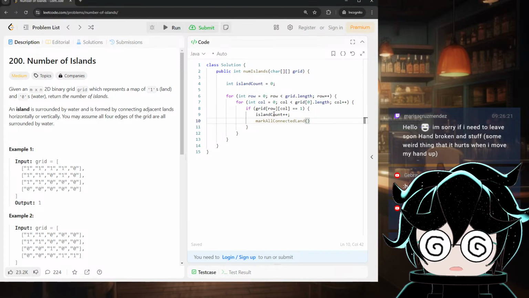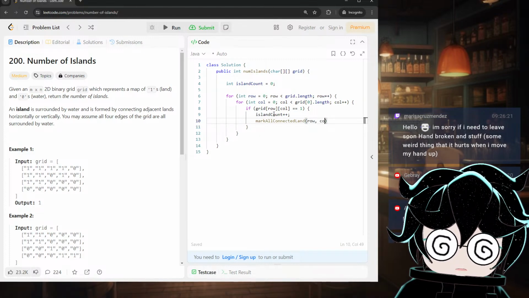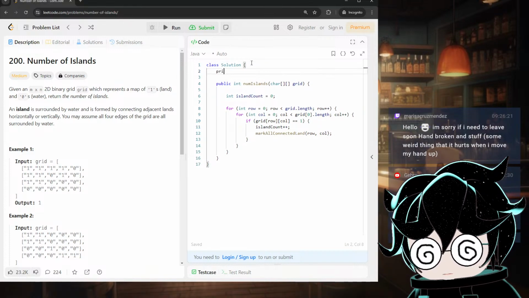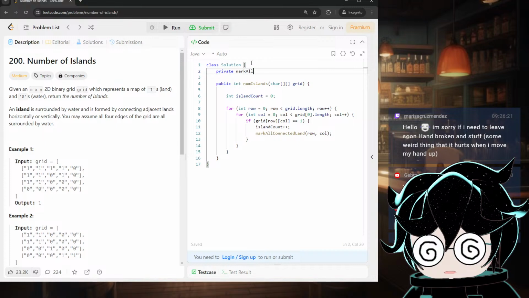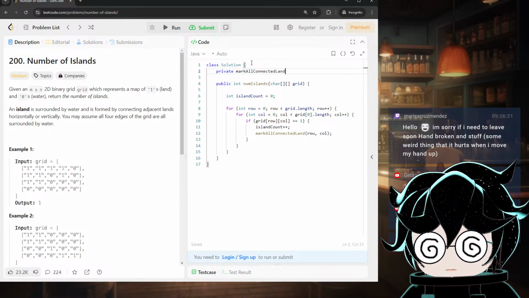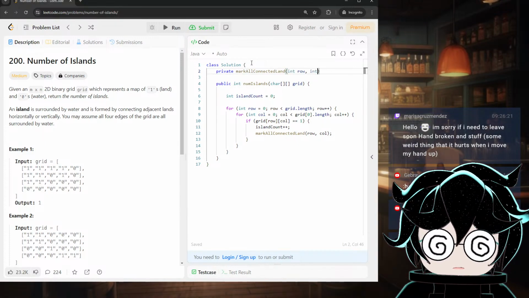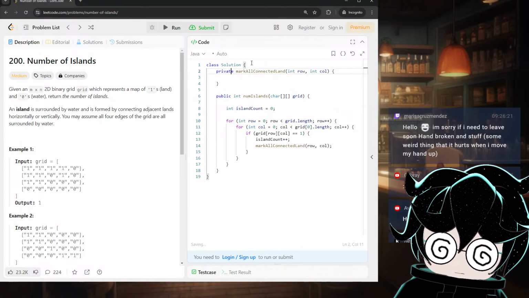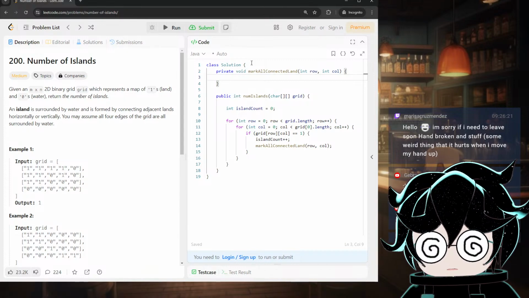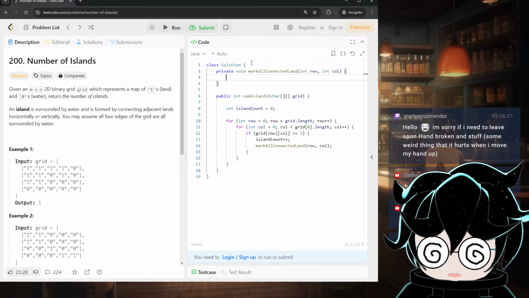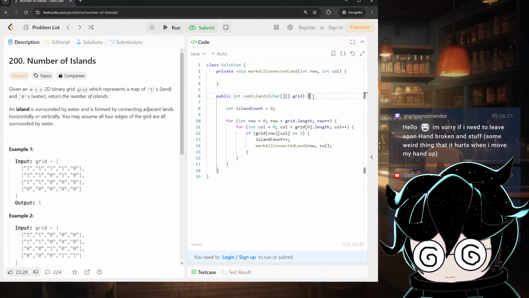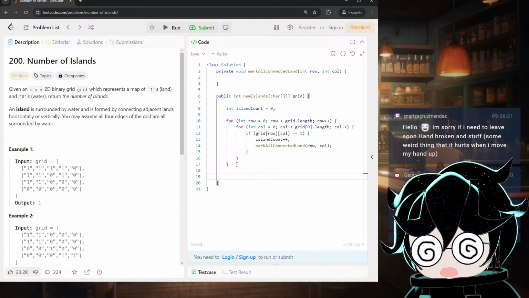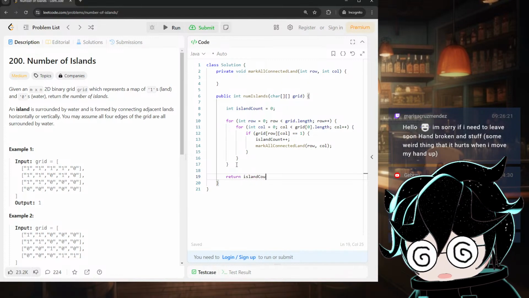We'll input the row and column into our helper function. Then we'll define the helper function here, private void mark all connected land, int row, int column. Let's do void for now, and just do nothing here. And then just for a sanity check so far, we will return island count.